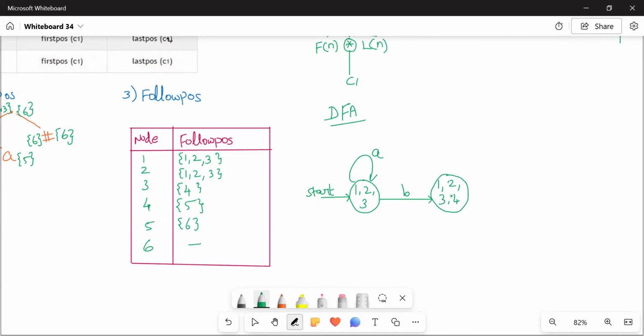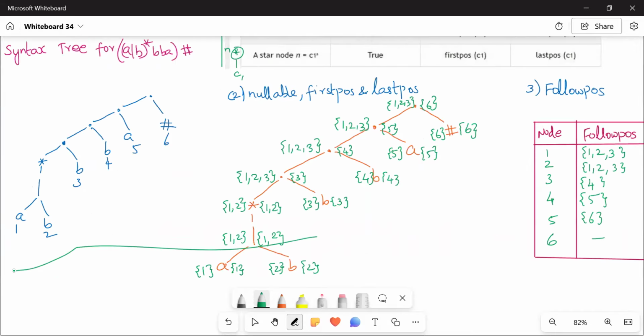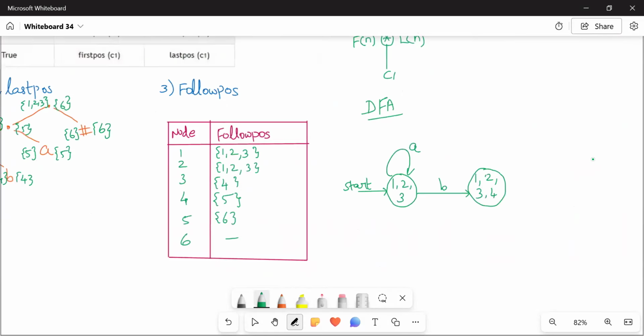Now from this node, we need to construct transition on A, 1, 2, 3, 4. Out of 1, 2, 3, 4, A appears in 1 only. So follow position of 1 is 1, 2, 3. So from 1, 2, 3, 4, A goes to 1, 2, 3.